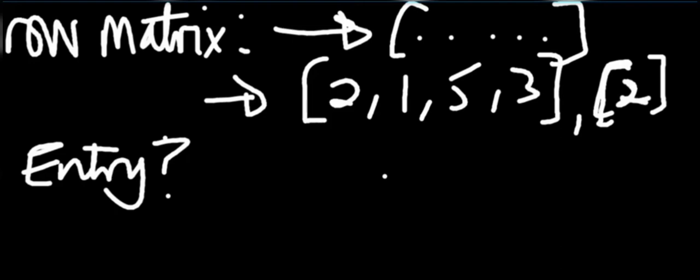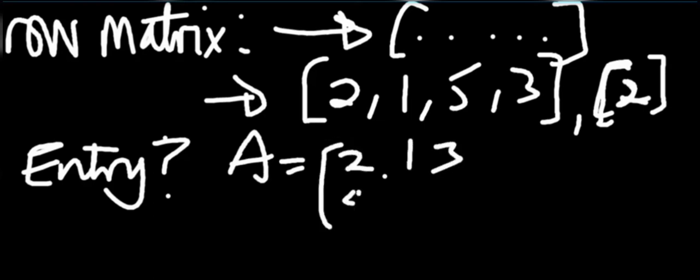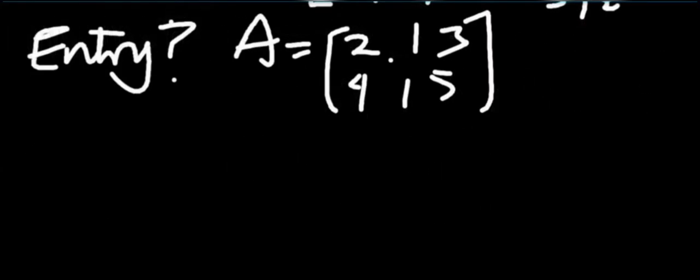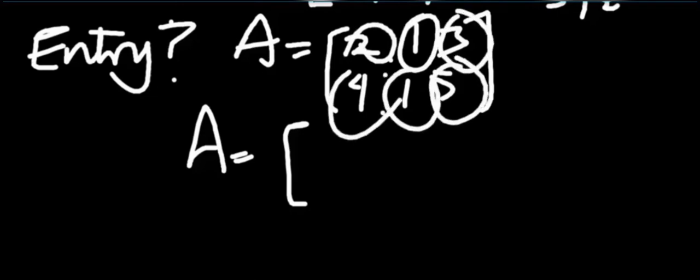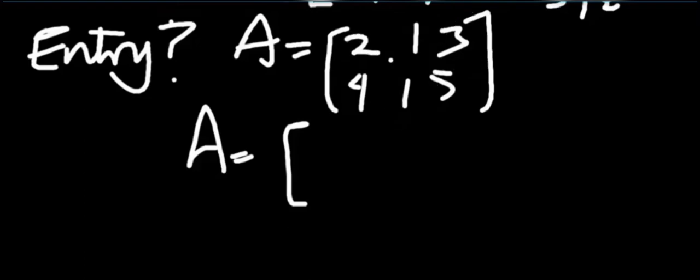If the matrix is called A, and is equal to, say, 2, 1, 3, 4, 1, 5, we name this matrix simply A. The entries of A are simply called a, followed by the position, as in the number of the row and the number of the column.